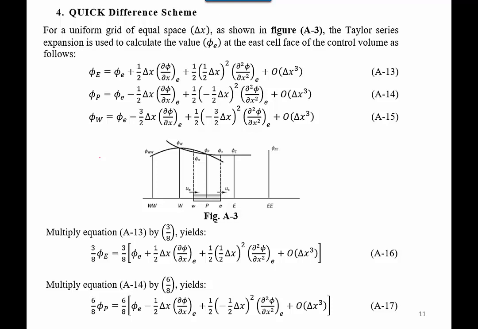Phi at big E equals phi at the interface east, small e, plus half the value of delta x multiplied by the first derivative of phi at the east interface, plus half multiplied by half delta x to the power 2 multiplied by the second derivative of phi at the east interface plus the order of delta x to the third power.